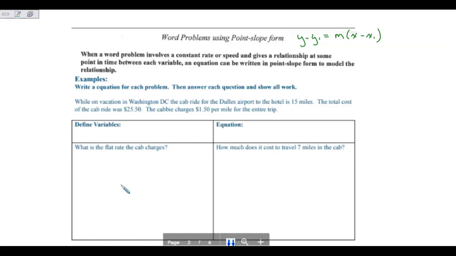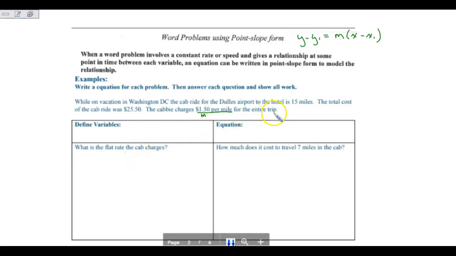When on vacation in Washington, D.C., the cab ride from Dulles Airport to the hotel is 15 miles. The total cost of the cab ride is $22.50. The cabbie charges $1.50 per mile for the entire trip. So I have money and I have miles again. And I do see that I have this $1.50 per mile. And so this is going to be my slope.